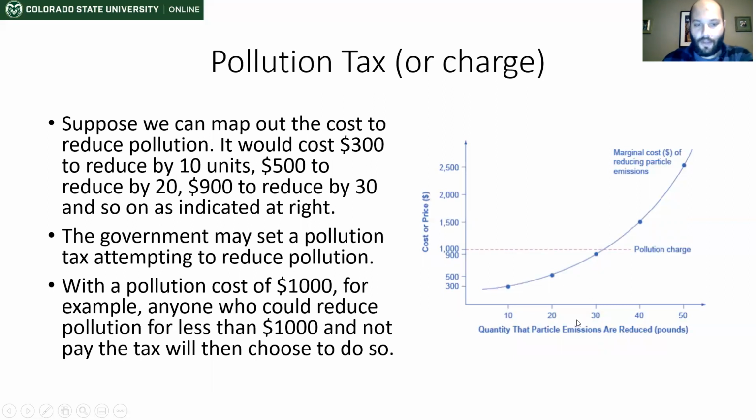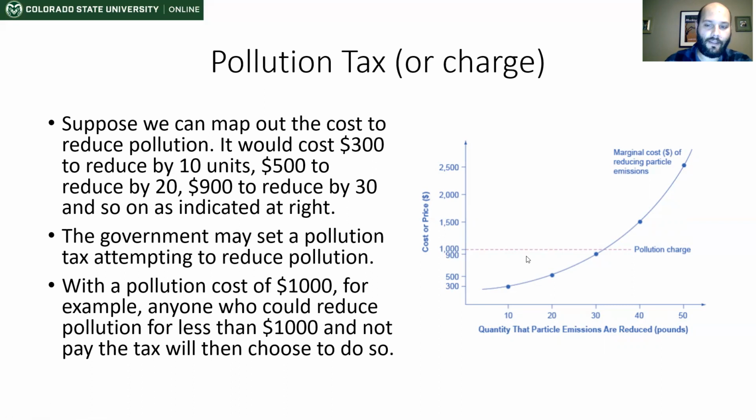All right, so the government might attempt to reduce pollution by implementing a pollution charge or a tax. And the idea is, you pick some sort of amount here, it's $1,000. Companies have to pay $1,000 per unit that they pollute or to pollute a certain amount.